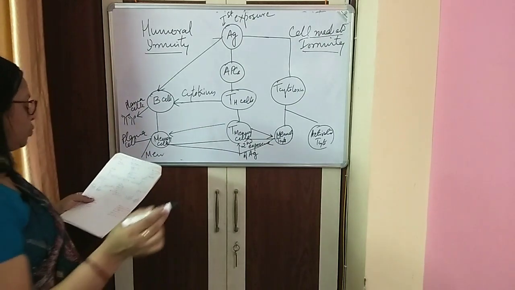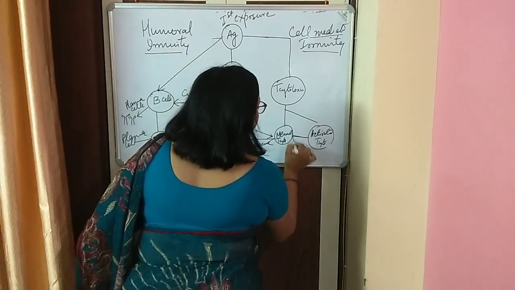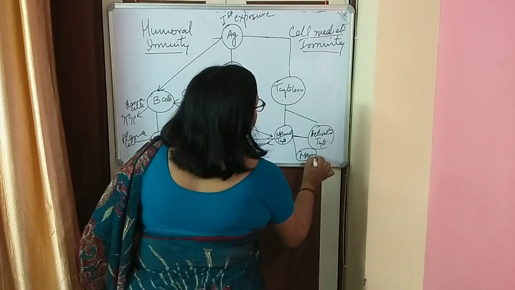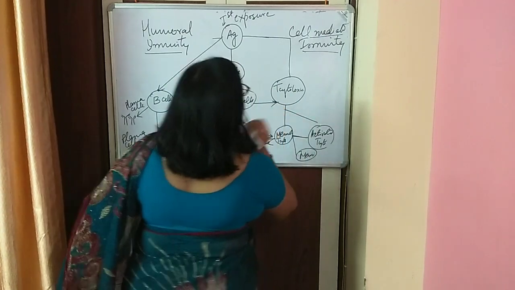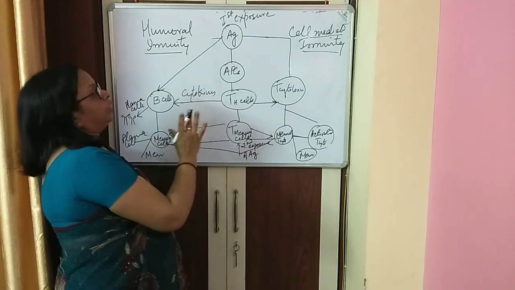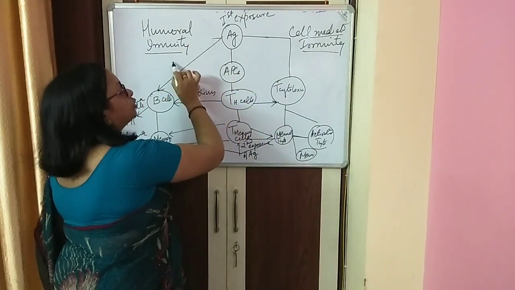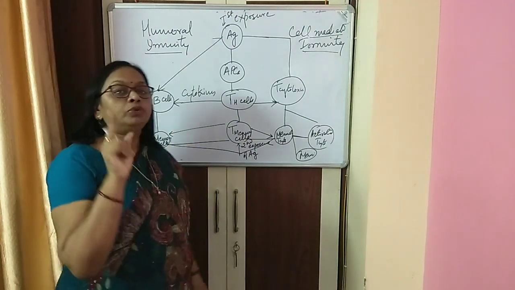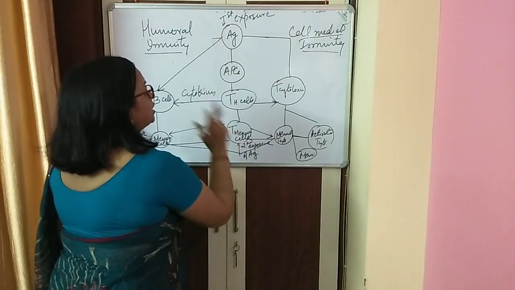Okay? And on this side, after second exposure, these memory cells will again convert into activated cytotoxic cells and memory cells. So this is the way, and this T helper cell, sorry, is also stimulating T cytotoxic cells. So this is a combined diagram showing humoral immunity on one side and cell mediated immunity on the other, in which only two different types of cells are involved, T cytotoxic cells, and T helper cells are present in the center.